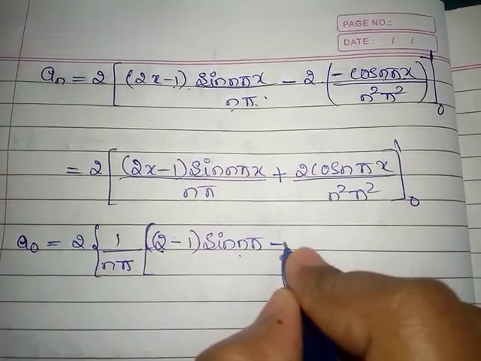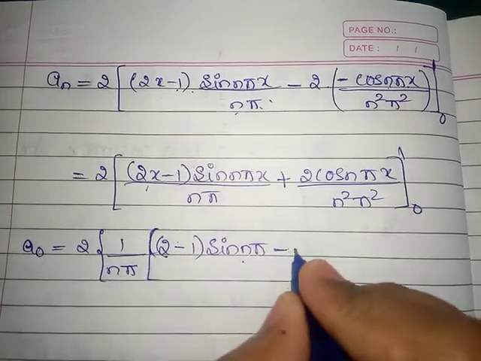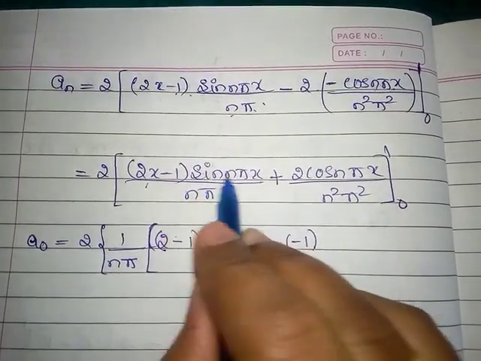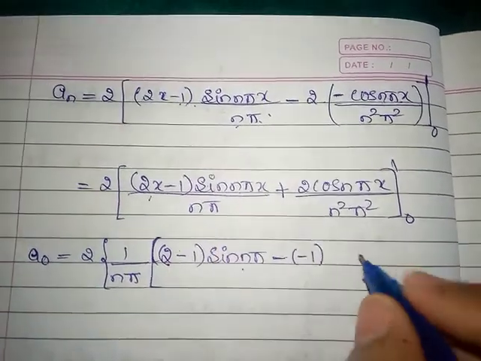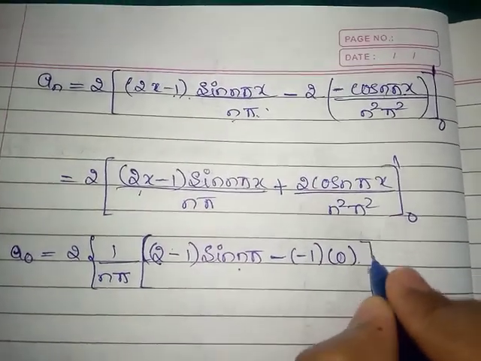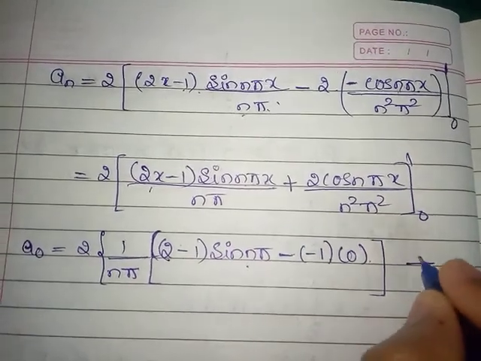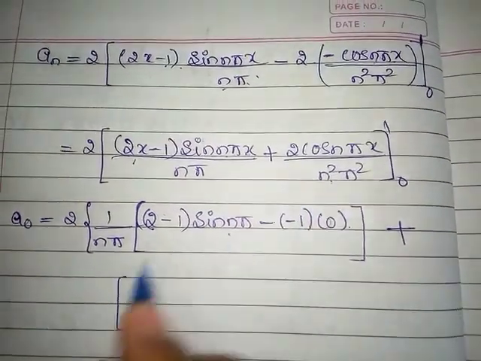Next lower limit, when x is 0 it is 0, minus of minus 1 into sin 0, sin 0 is 0. Okay, upper limit and lower limit for the first term is over, plus I will apply upper limit and lower limit for the second term.